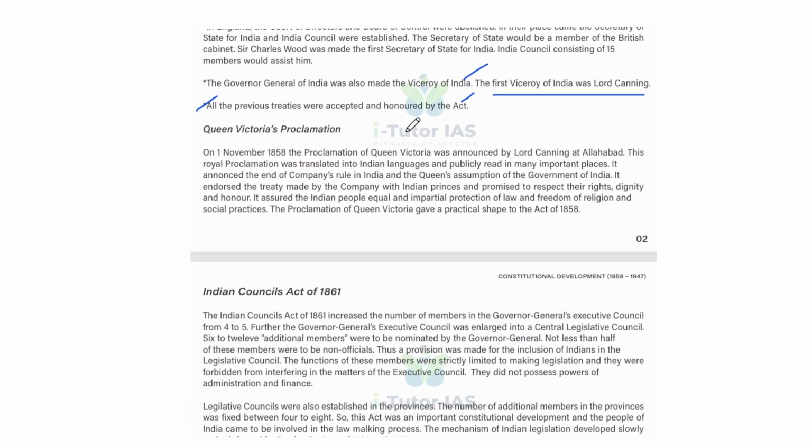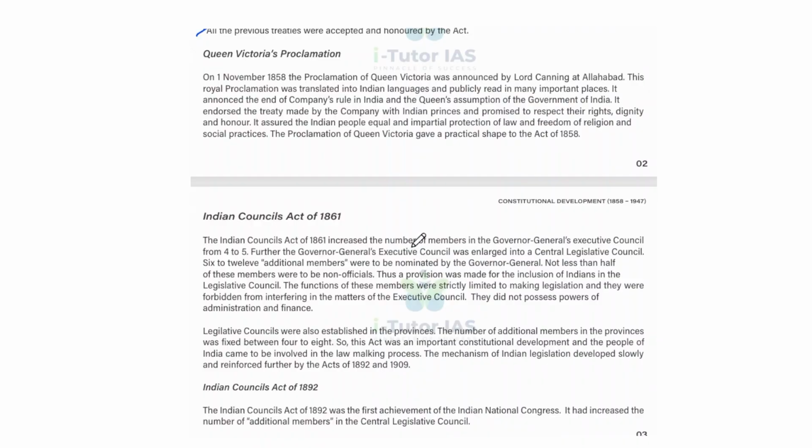And next is Queen Victoria's proclamation. On 1st November 1858, the proclamation of Queen Victoria was announced by Lord Canning at Allahabad. This royal proclamation was translated into Indian languages and publicly read in many important places.